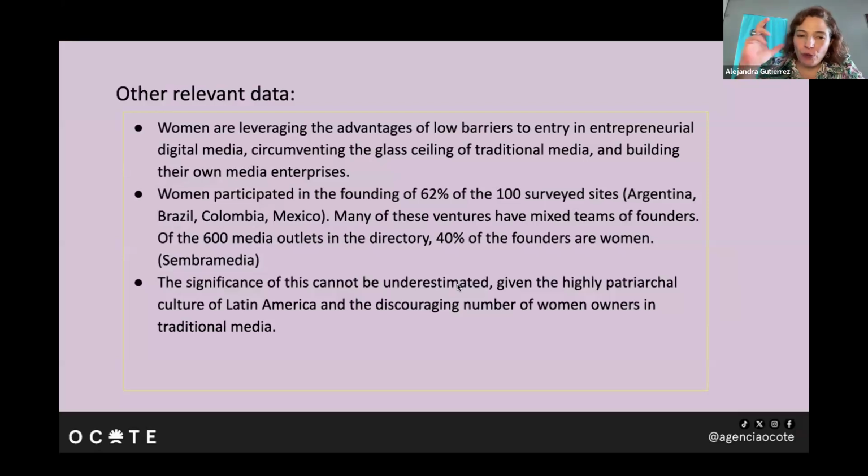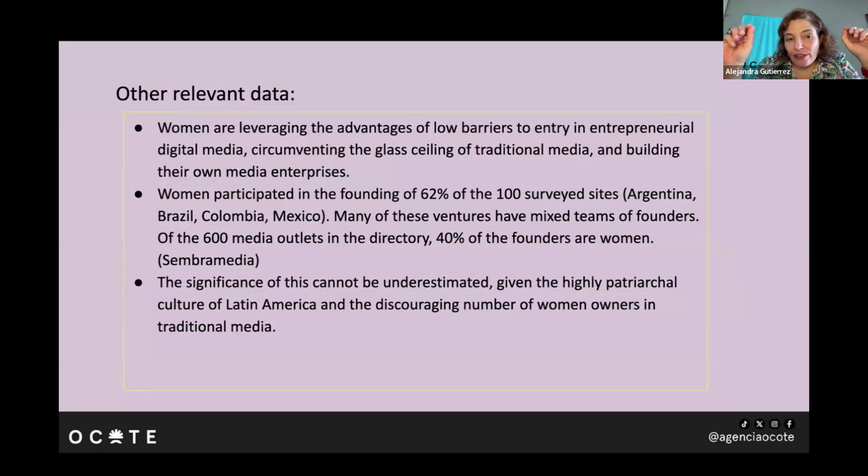Y luego hay un asunto interesante que también es un fenómeno que sucede a nivel mundial, en Guatemala muy claramente y en Centroamérica, y aquí les presento unos datos de Latinoamérica, que es que los medios digitales han ayudado para revertir esta desigualdad, que tiene que ver con un tema de economía por la propiedad de los medios tradicionales, que es mucho más caro, y las plataformas digitales nos permiten acceder a esa propiedad, entre comillas, de los medios.